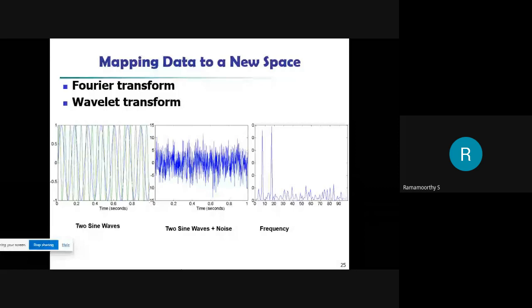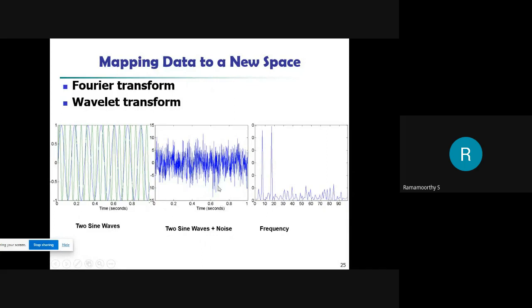So it maps the data to a new space. You are going to apply some Fourier transformation and wavelet transformation. You can see in this example, they have given two sine waves and two sine waves plus some noise data.